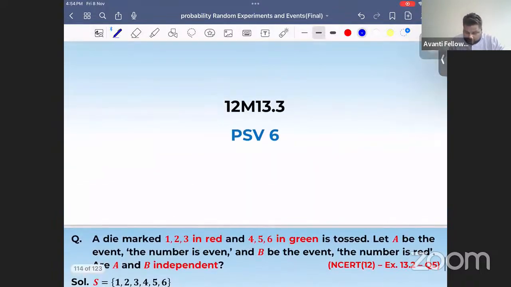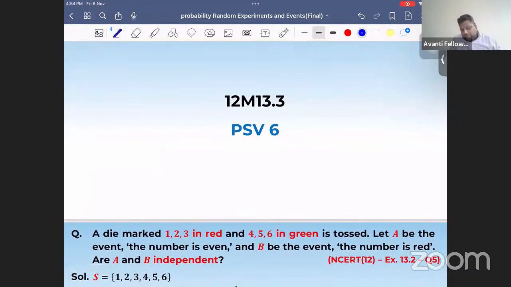Let's see a simple question. A die marked with 1, 2, 3 in red and 4, 5, 6 in green is tossed. Let A be the event that the number that appears is even. B is the event that the number that appears is red. So are A and B independent? Okay. So probability of occurrence of A is what?